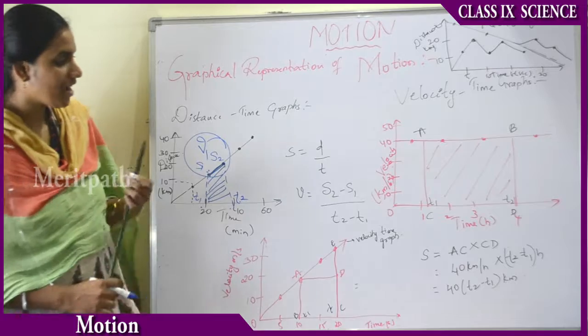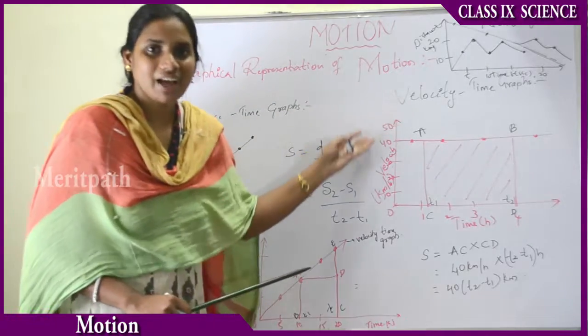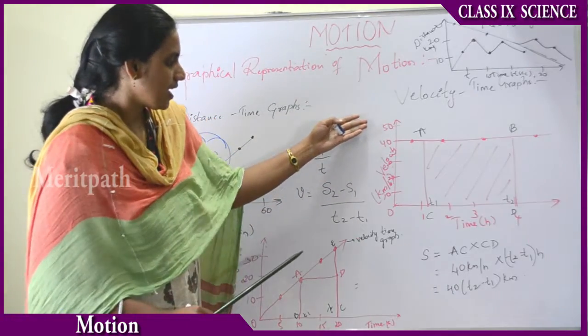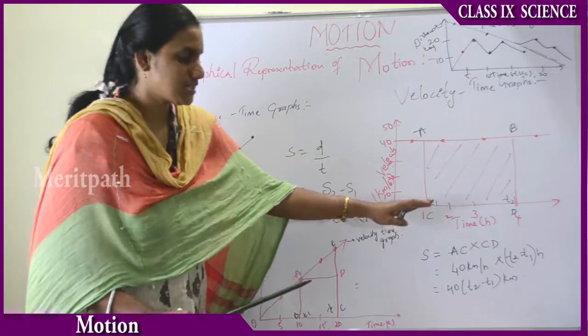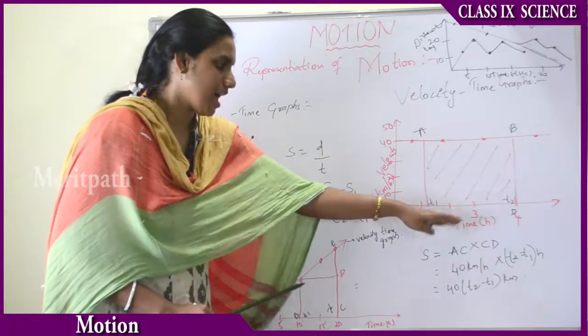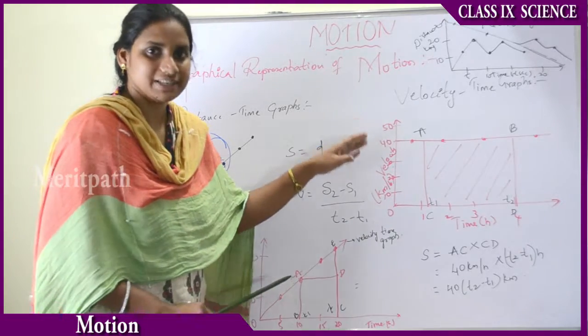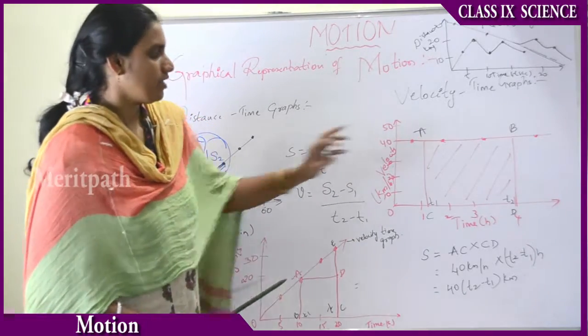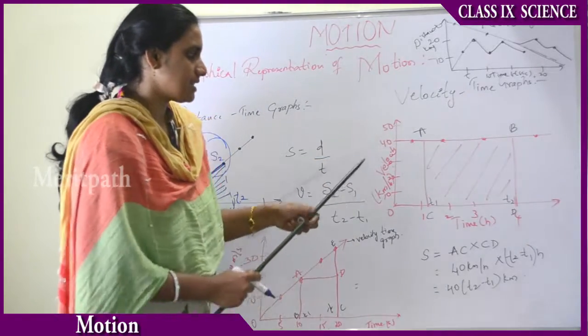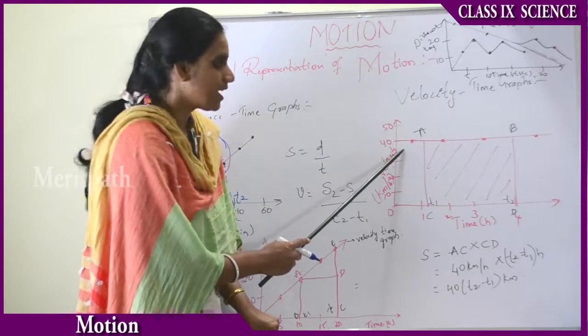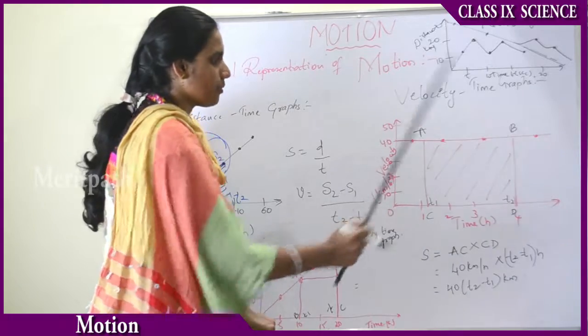Similarly, we can find the velocity-time graphs, as shown. On the x-axis we represent time, which can be in hours or seconds, and on the y-axis we represent velocity, denoted in meters per second, and we plot the graph between these, for a car moving in a straight line.